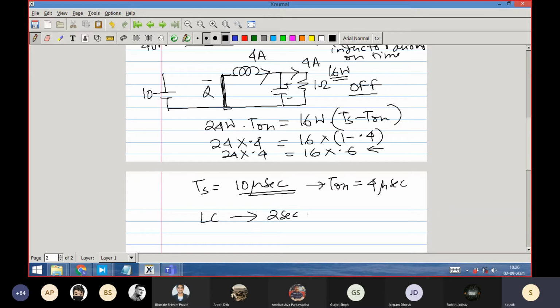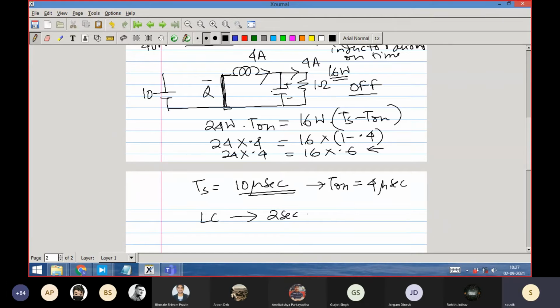So that's why load is satisfied and inductor is satisfied. Inductor is also charging and discharging to the same energy level. Its basic energy level is half L i square, that means half L into 4 square. That is its basic energy level, on which there is an extra energy coming in and extra energy going out.